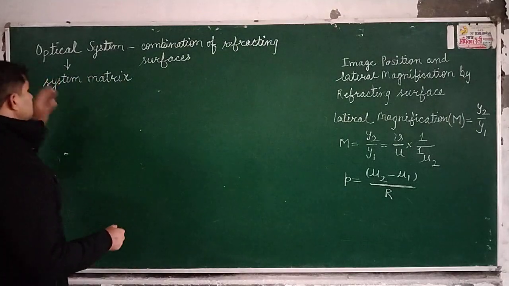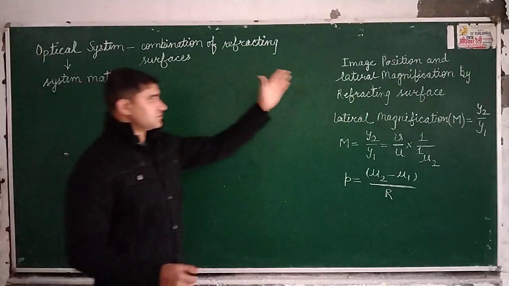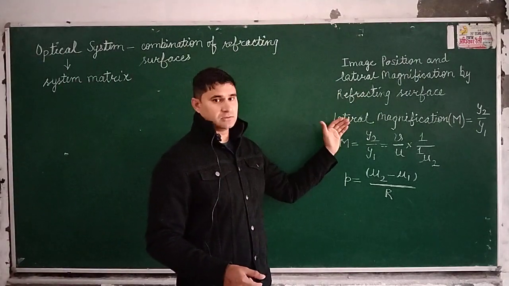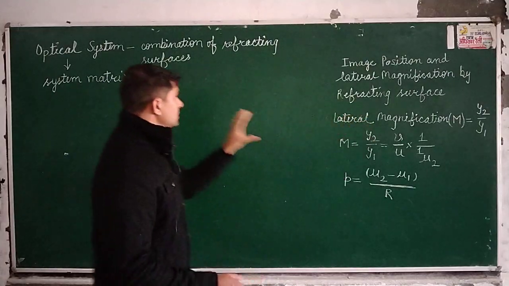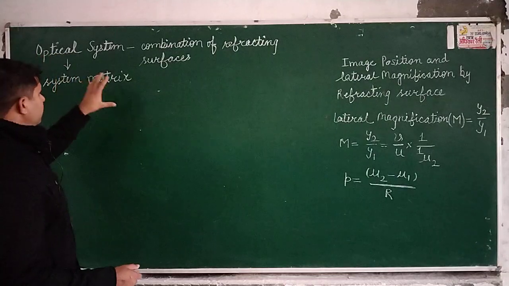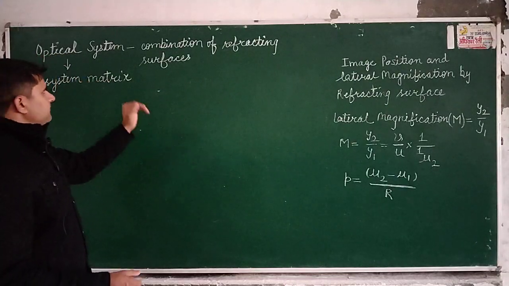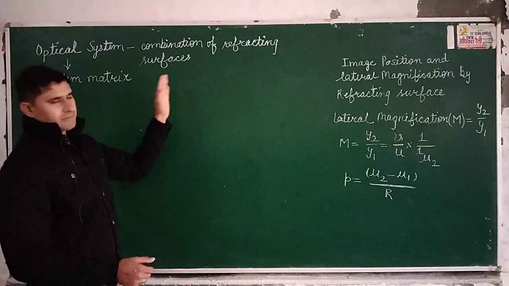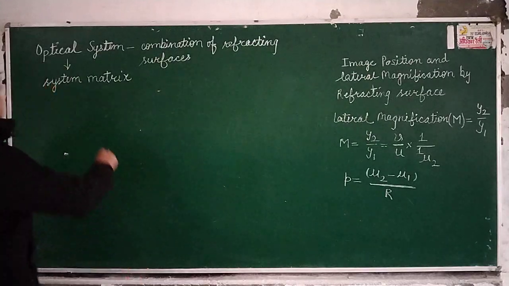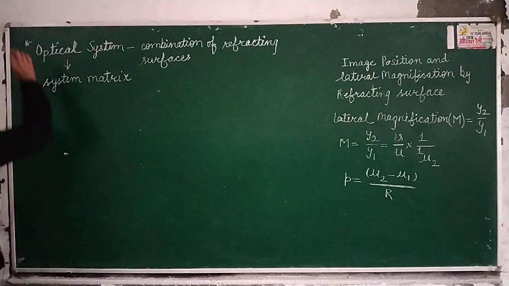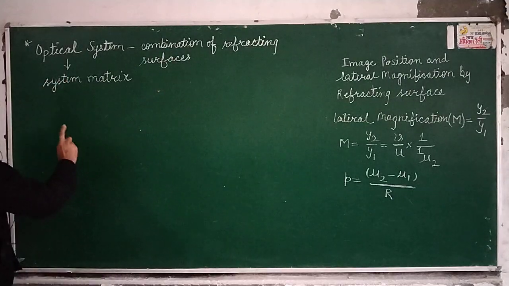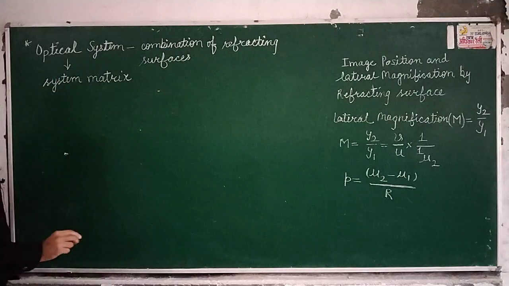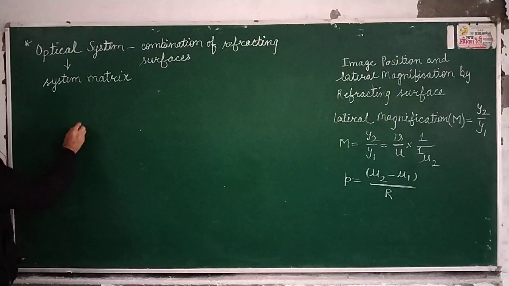So when we discuss the image position and lateral magnification produced by an optical system, we will find them due to a combination of refracting surfaces. Basically, an optical system is a combination of refracting surfaces and the operation. Now we are to connect.